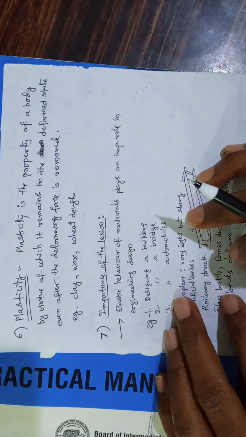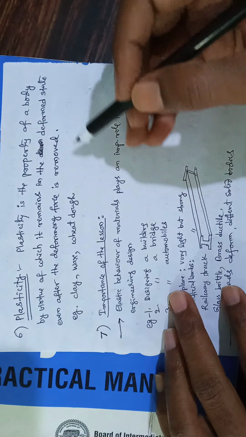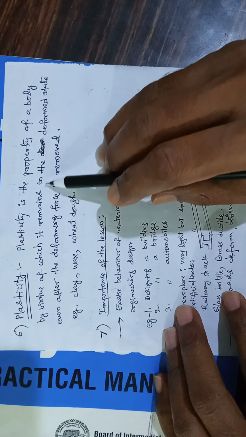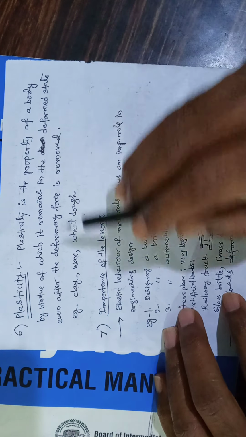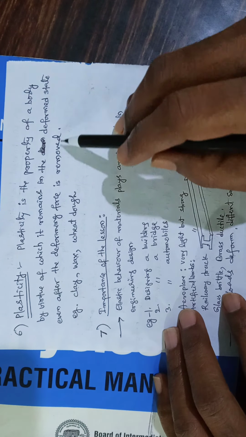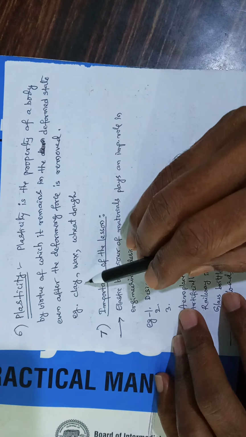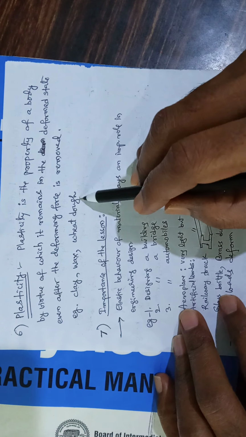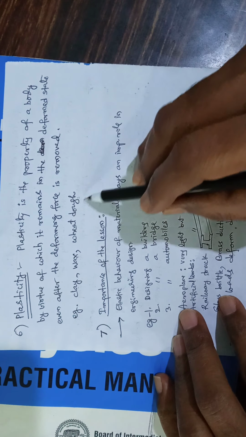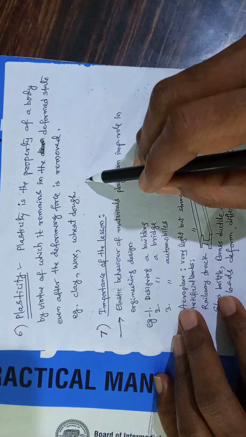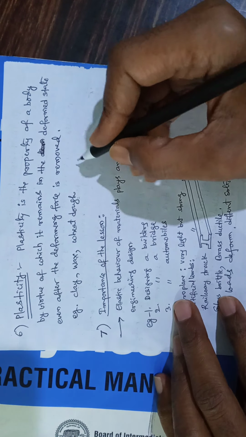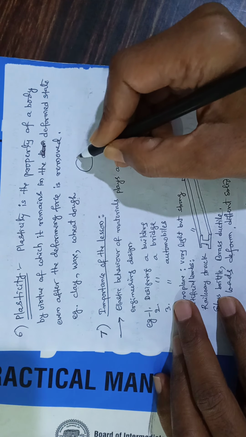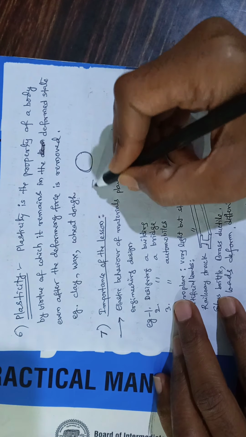Next, plasticity. Plasticity is the property of a body by virtue of which it remains in the deformed state even after the deforming force is removed. Examples: clay, wax, wheat dough. When you apply force, it deforms. Suppose a round wheat dough is there, prepared in the round shape.